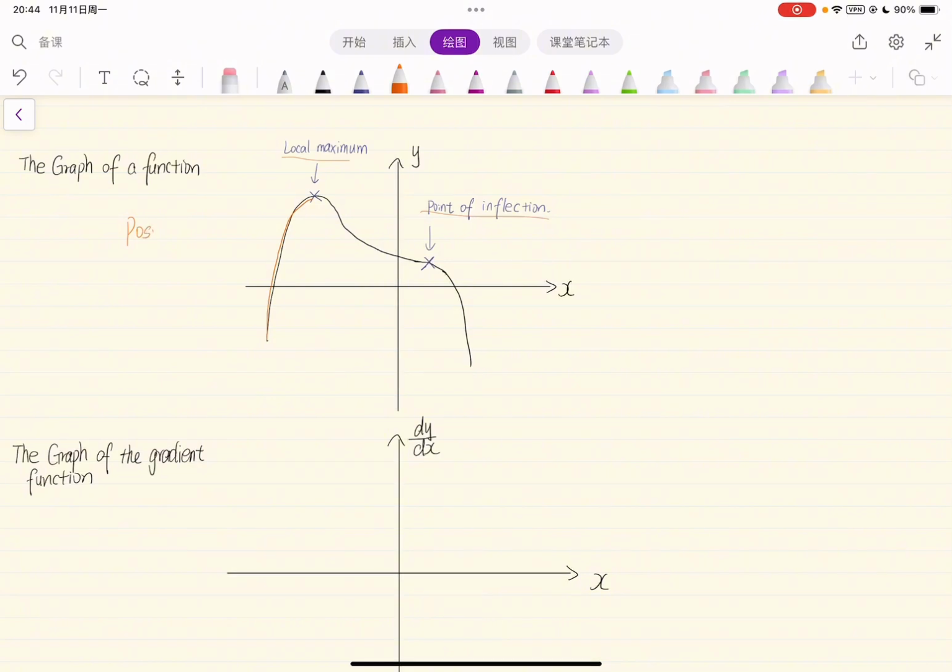So we have a positive gradient, which means that compared to the graph of the gradient function, the curve in the gradient function has positive values, which means the curve is above the x-axis.